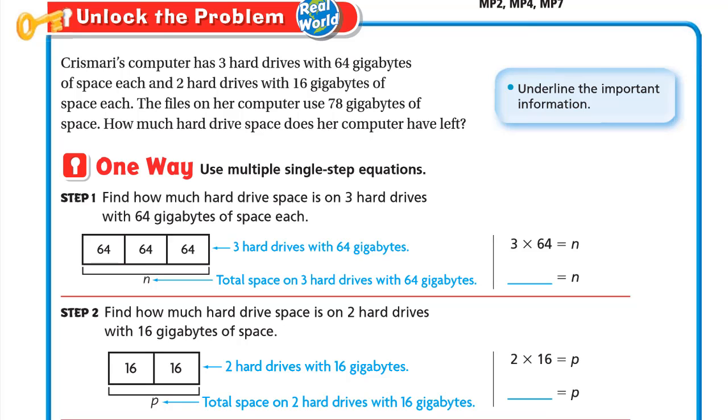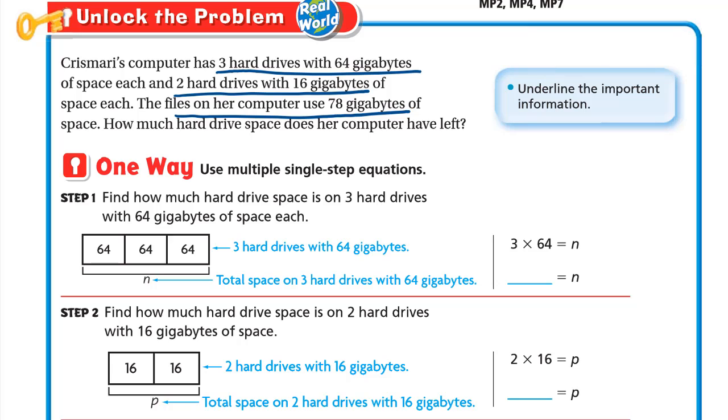Okay, so her computer has 3 hard drives with 64 gigabytes and 2 hard drives with 16 gigabytes. And the files on her computer use 78 gigabytes.